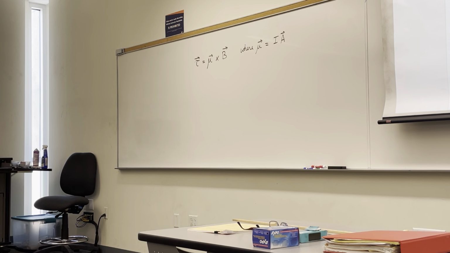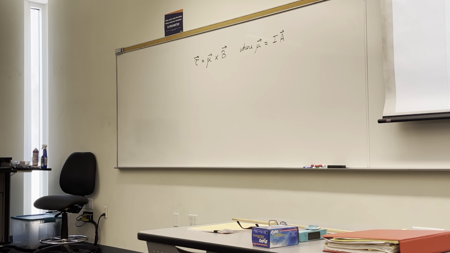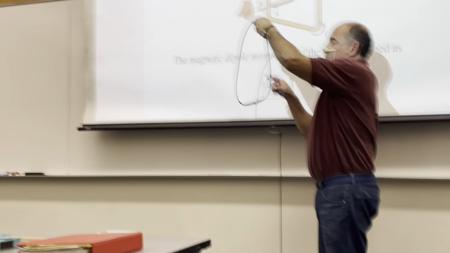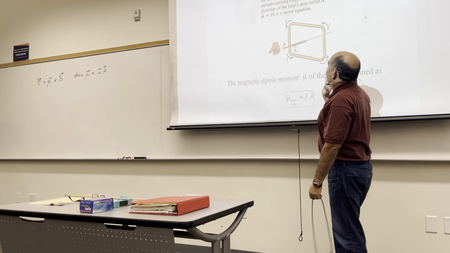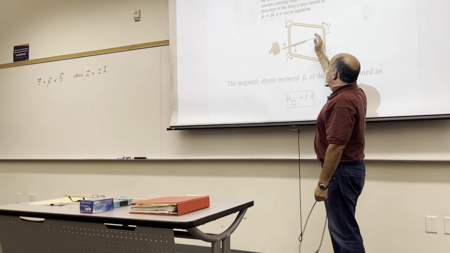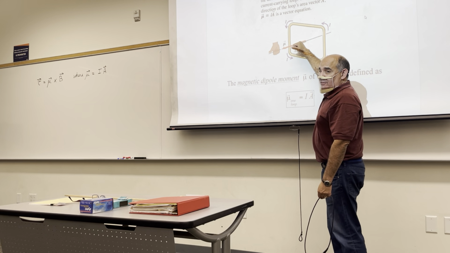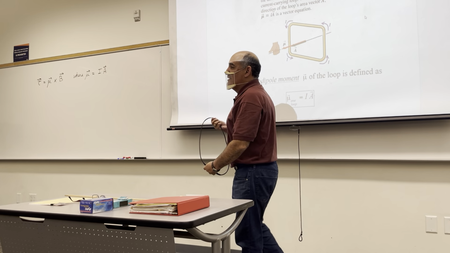But notice that the current is this way. So perpendicular to the plane of the loop would be either that way or this way. So how do you choose this from this or this from that? So you curl your 4 fingers of your right hand in the direction of the current around the loop, and then your thumb selects the direction of the area vector that's perpendicular to the plane of the loop.